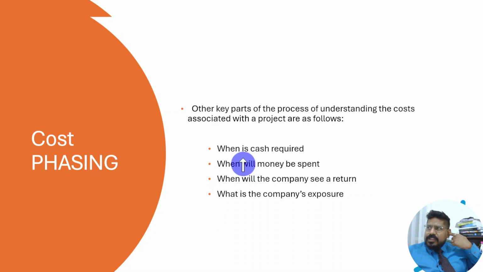When is cash required? Let's say it's a 100 crore project. 100 crore will not be released in one go. Definitely that's not the case. It should not be released like 50% at the time of signing of the contract and 50% later. No, it should be phase wise delivery.